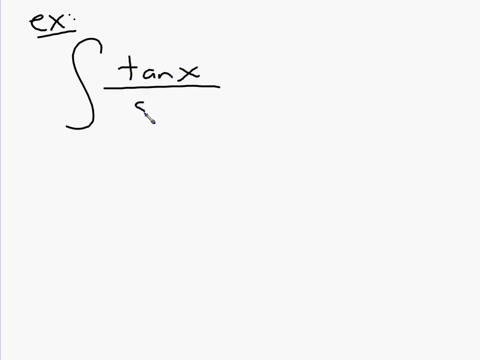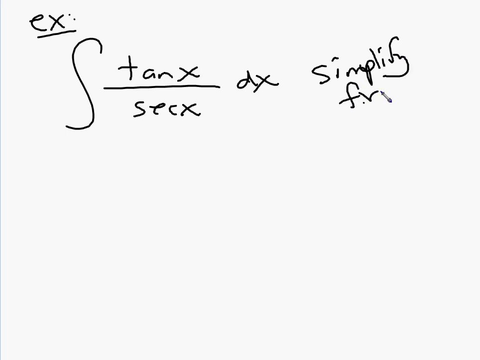And tonight you're going to have some that you may need to simplify first. Like this one. The integral of tangent over secant x. This one is not on the integral table, so you need to simplify first. How would I simplify it? Using what I know about trig functions.